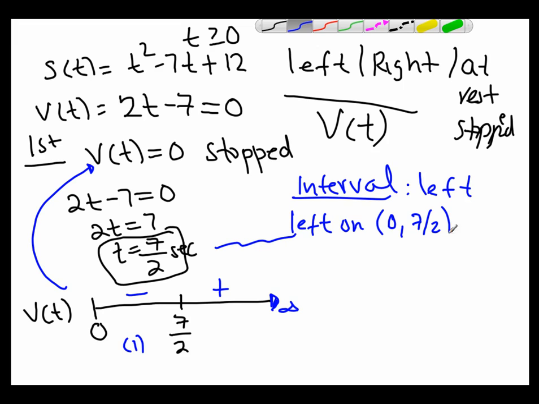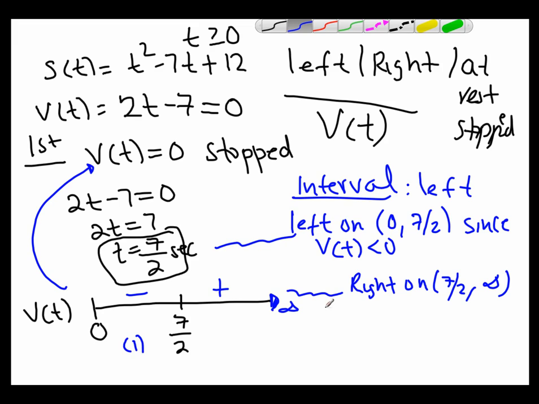But then you have to justify it, and the justification is since v of t is less than 0. The particle moves to the right on the interval from 7/2 to infinity, and the justification is because v of t is greater than 0.